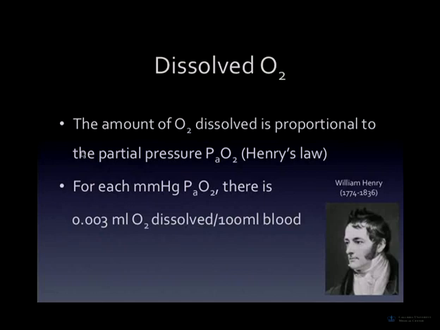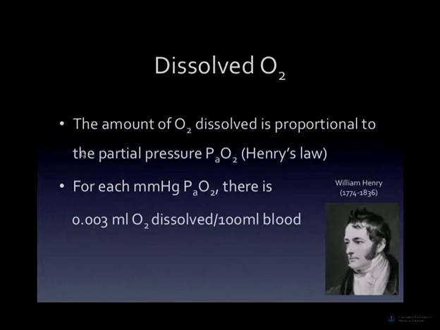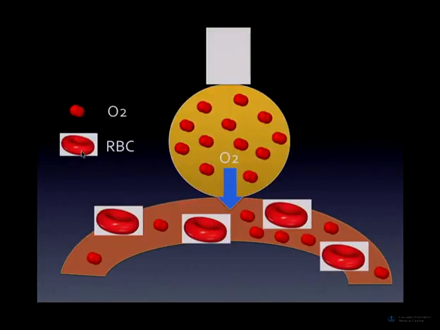So the amount of oxygen that gets dissolved in the blood is proportional to the partial pressure of oxygen, which is PaO2. And we know that for humans, there are 0.003 of a milliliter of oxygen dissolved per deciliter of blood for every 100 milliliters of blood.